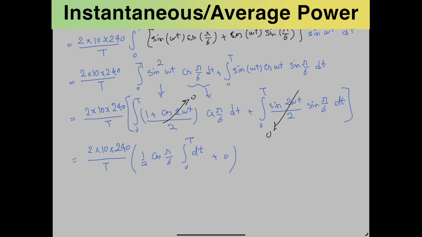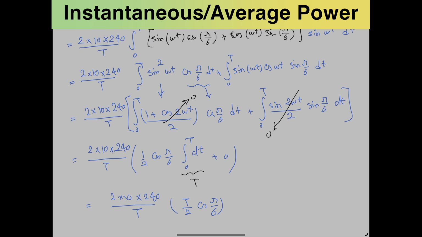So essentially, since this integration goes to t, we can simplify that as t as well, and further simplification becomes t over 2 cos pi over 6 times 2 times 10 times 240 divided by t.